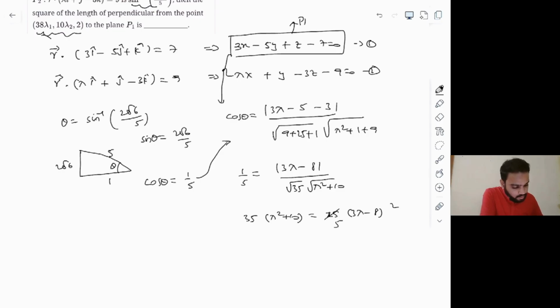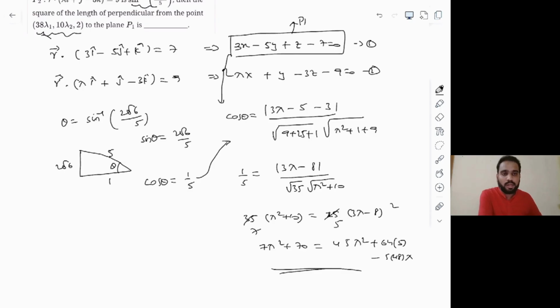Now you can cancel this as 5 fives and 5 sevens, and you can expand the remaining part. 7 lambda square plus 70 is equal to 45 lambda square plus 64 into 5, and then minus 5 into 3 into 2, 24, 24 twos are 48, times lambda. Okay, I hope you will do the calculation of this one.